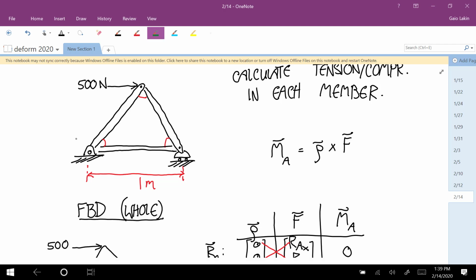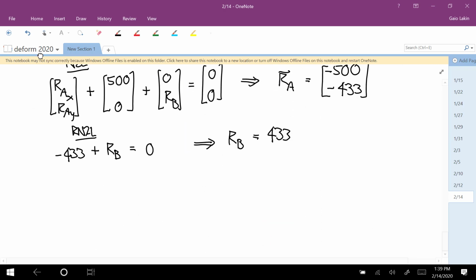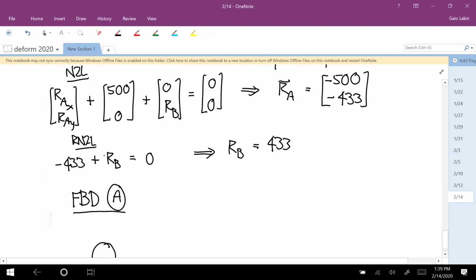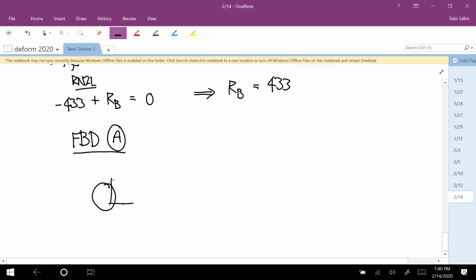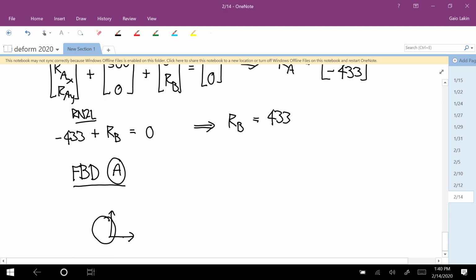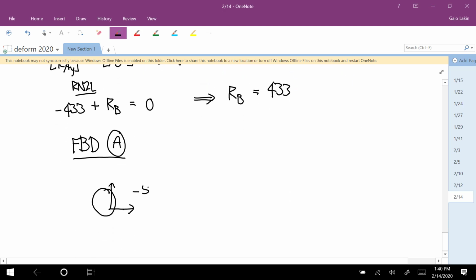I'll call this one A. I guess I'll call this one B because that's my RB, and then this is C. So okay, let me draw a free body diagram of A. There's the pin, a big blown up picture of the pin. And we have a force vector here that I'm going to draw like this. And the components are negative 500, negative 433.